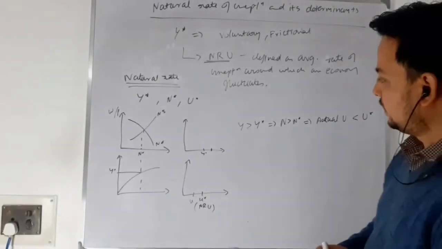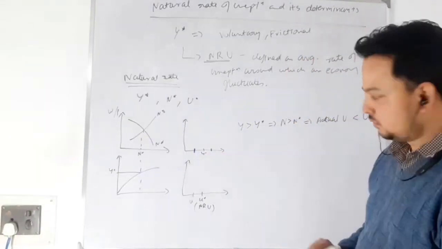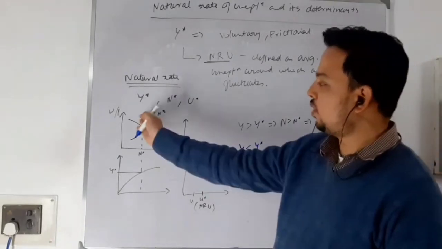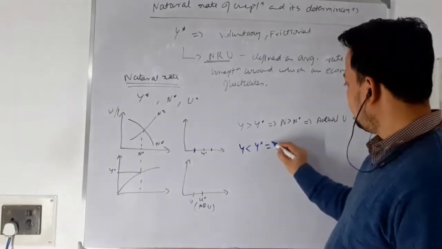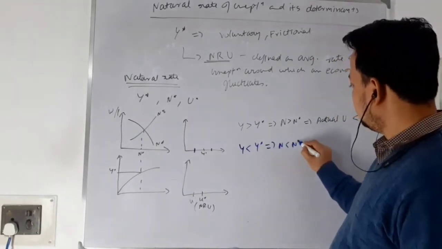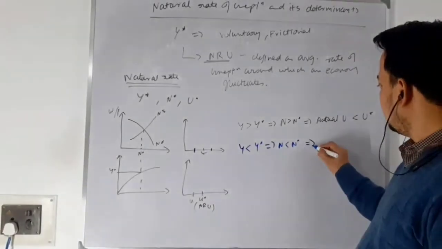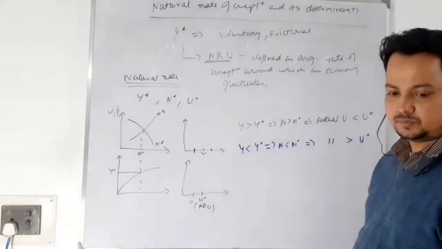Let's look at the other way. When output is less than full employment, then you will employ less labor. So employment will be less than full employment of the labor force, right? In this case, actual unemployment will be more than your natural rate of unemployment.